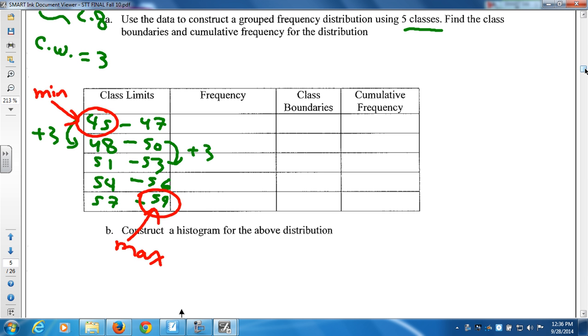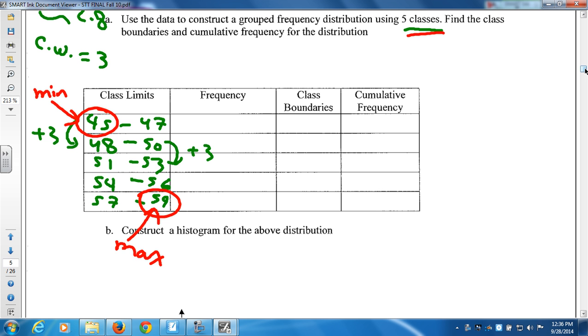So this way you check that your design is correct. If something is wrong, you go back and modify this. You change the class width so that you have the required number of classes, which is 5, and you cover the minimum in the first class and the maximum at the end.